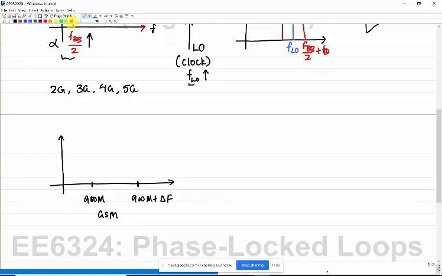Within this band, at any given time of communication, each of you will have a certain bandwidth allocated to you. This is the only bandwidth available for you to communicate, and in the case of GSM, it is only 200 kilohertz.